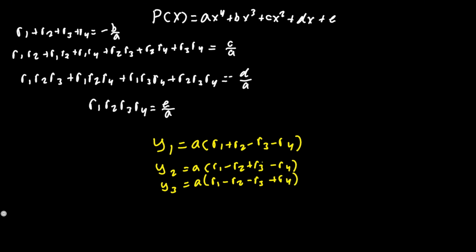And you're wondering, okay, we only have three equations. How do we isolate r1, r2, r3, and r4? Well, we could use the sum of all roots. Minus b over a is equal to, or we could say minus b is equal to a times r1 plus r2 plus r3 plus r4.